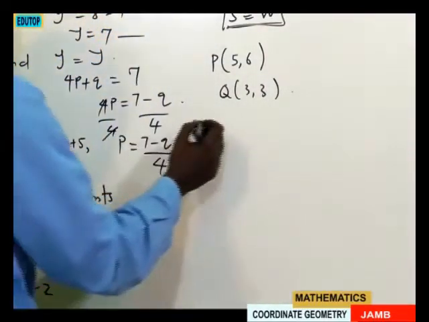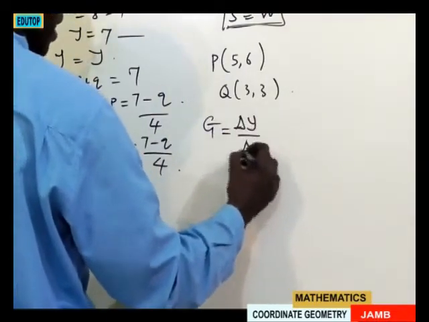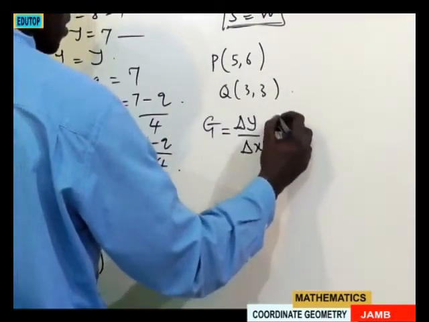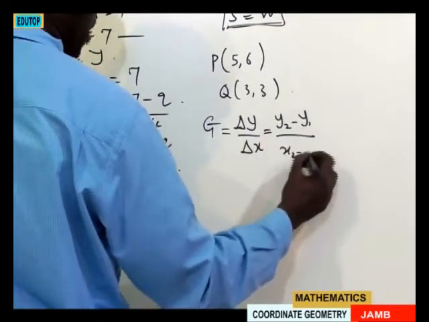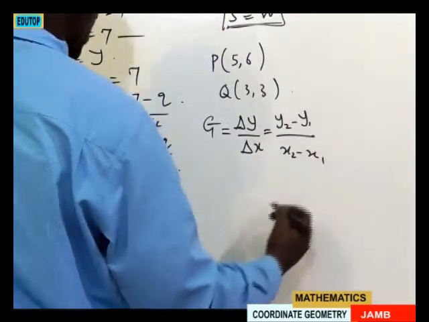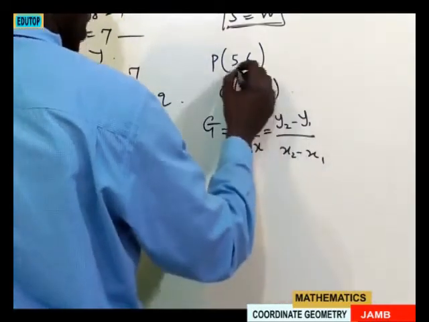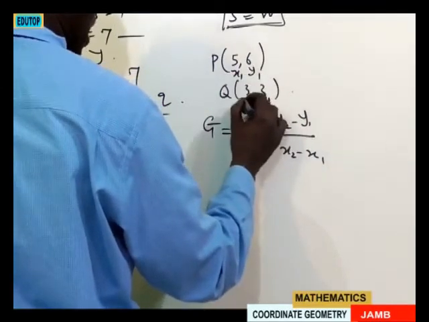What's the formula for calculating gradient? Gradient equals delta y over delta x, which could be y2 minus y1 over x2 minus x1, or y1 minus y2 over x1 minus x2. So here, this is my y1, this is my x1, this is my y2, this is my x2.